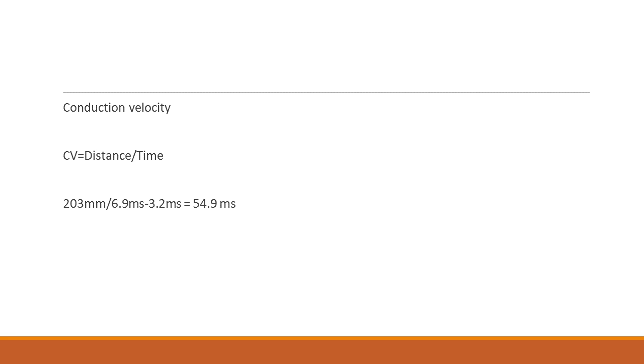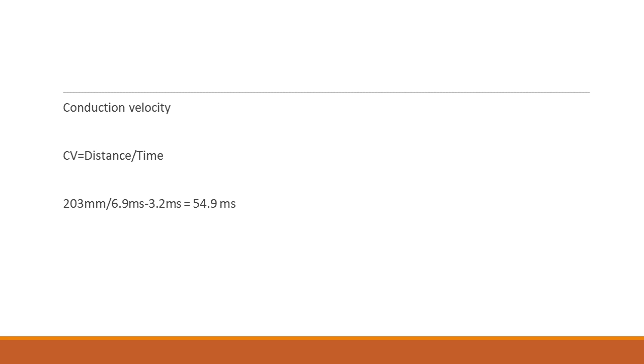So, actually doing conduction velocity. You should be able to figure out a conduction velocity on your own without using any kind of machine. It's fairly simple. The conduction velocity is distance over time. When you're doing a motor, you need 2 points to stimulate, so you have whatever your distance is.